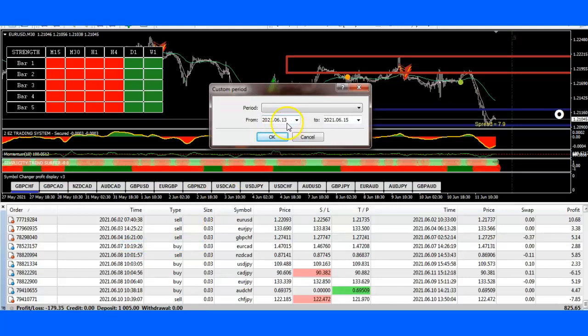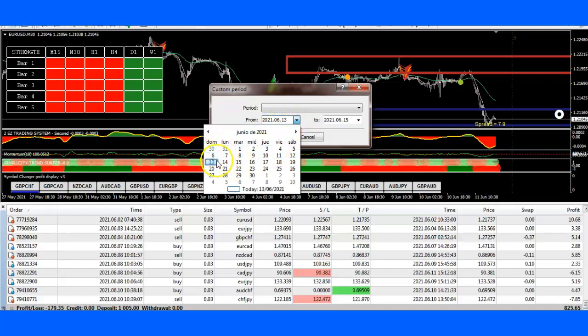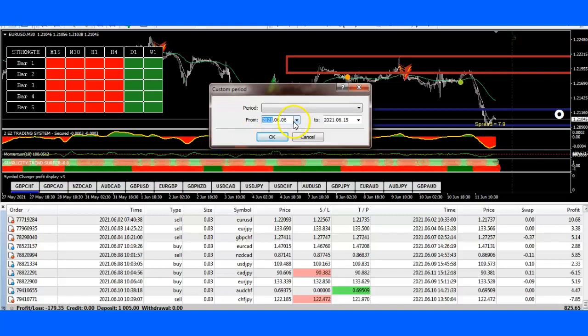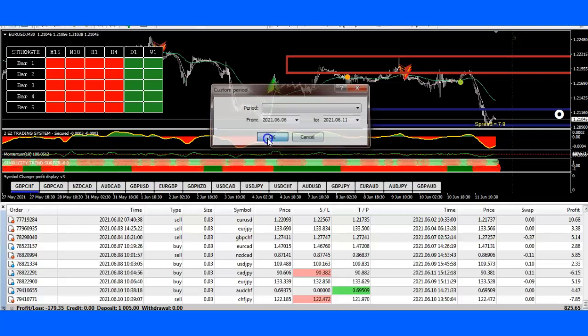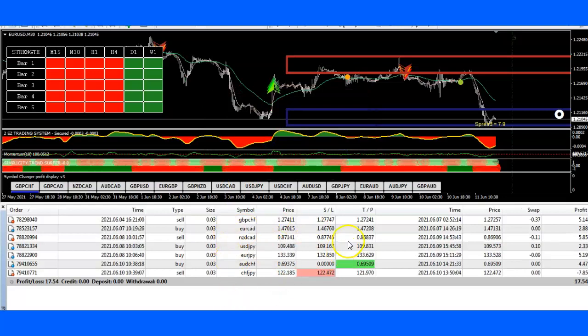Last Sunday it was the 6th, and on Friday it was the 11th. And then MetaTrader is going to show you your trades for the week right here.